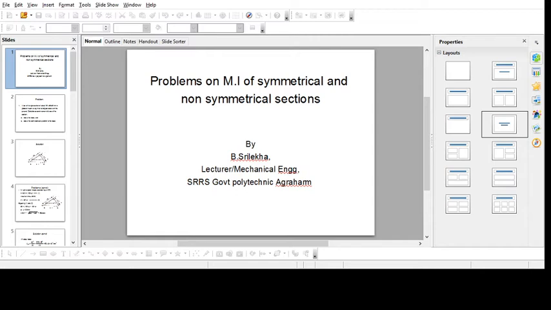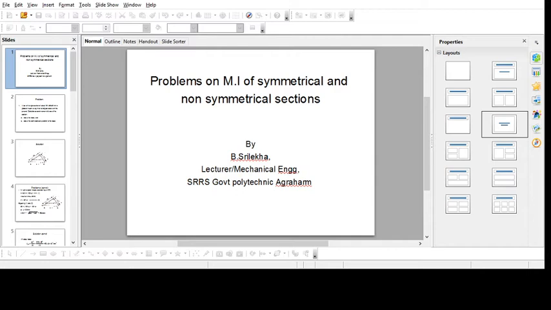Next, Ixx2 is equal to B2 D2 cube by 12 plus A2 H2 square. Just the suffixes are changed, the same formula. This is the vertical rectangle which is in between the two horizontal rectangles.